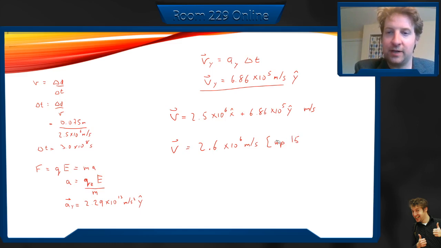Sorry, I was right. To the right, 15 degrees up. And to calculate the angle, just remember that's going to be 0.686 divided by 2.5, and this will be inverse tan of this. Okay, and that works out to 15 degrees, and there's my final answer.